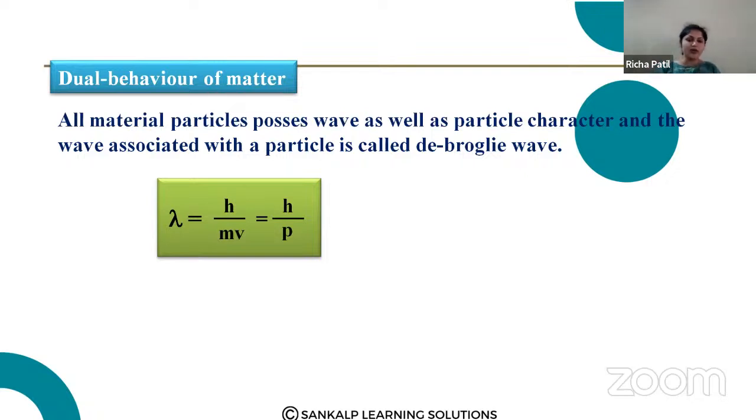So what de Broglie proposed is that matter like radiation should also exhibit dual behavior. Dual behavior means two properties, that is particle as well as wave-like properties.